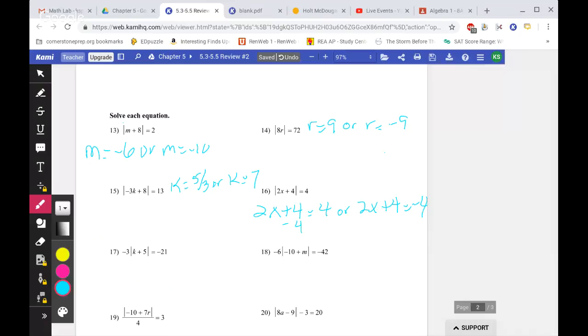So you're going to subtract 4 from both sides, and you get 2x equals 0. Then you divide both sides by 2.